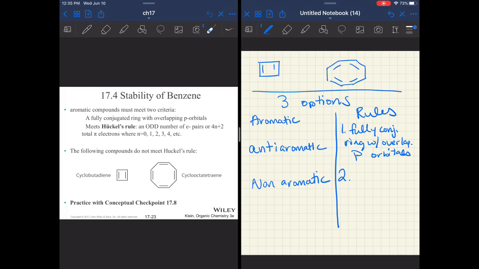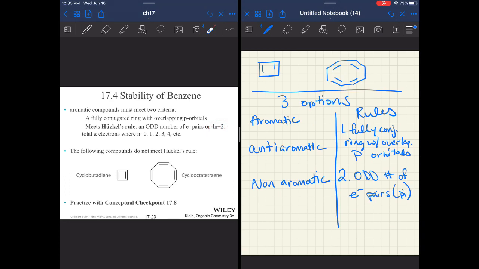Number 2, Huckel's rule tells us we must have an odd number of electron pairs, specifically in that pi cloud. Now, if you've got a different book, or if you've taken this class before, a lot of times this is called the 4n+2 rule.